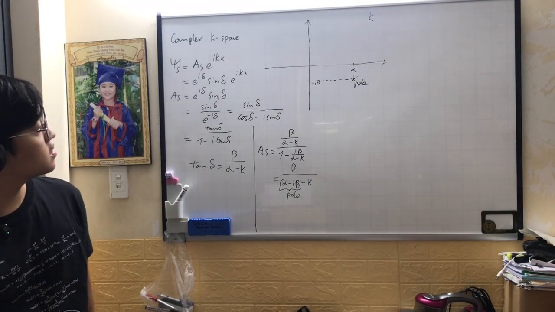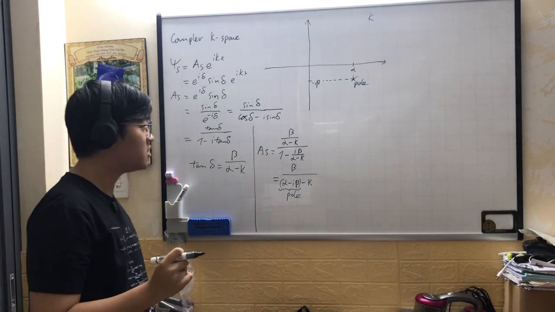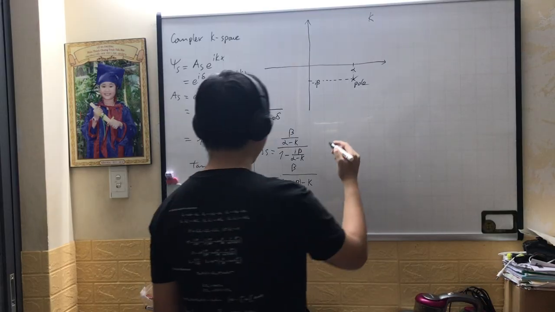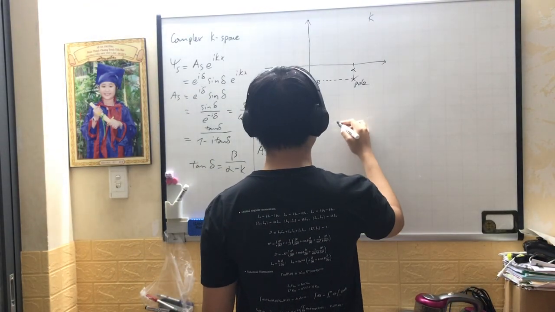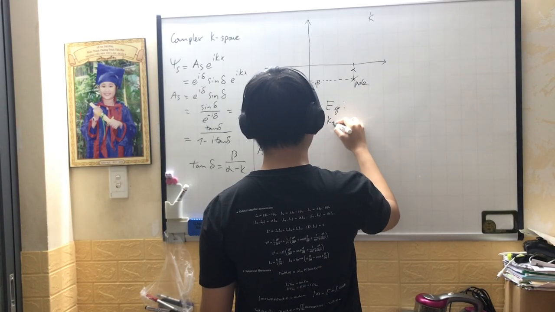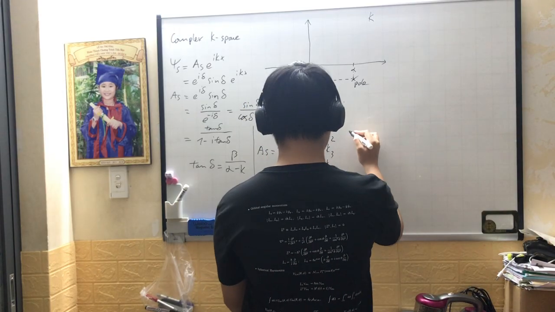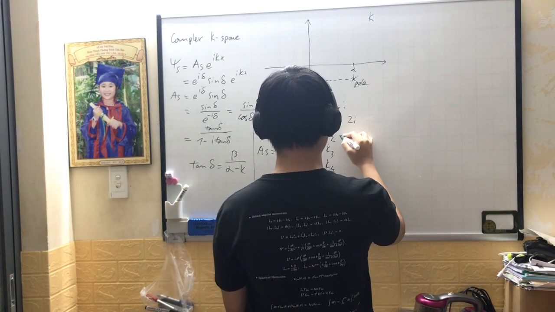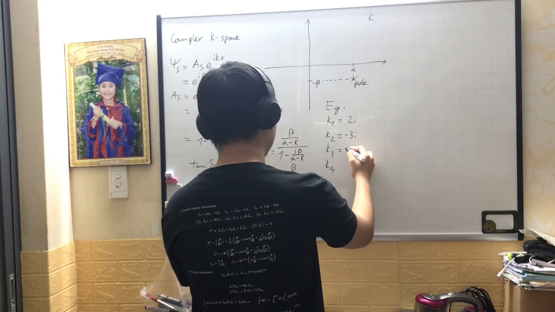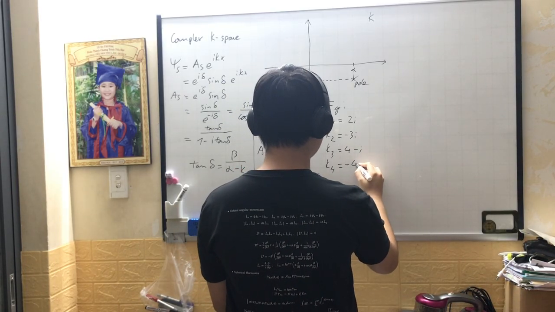Okay, so I prepared for you some examples to see the other cases. We're going to take a look at 4 cases. So we have k1, k2, k3, and k4. k1 here is going to be 2i, k2 is minus 3i, k3 is 4 minus i, and k4 is minus 4 minus i.